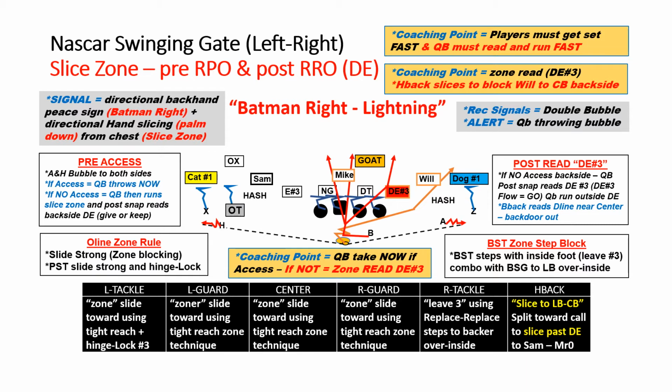So this is Batman right, and the signal there is simply going to take the peace sign and backhand it, and then we'll go ahead and do our normal lightning. We want to run this away from the call, the formation call, knowing because it's a backdoor, we'll come back that way. And then that's the hand slicing across the chest for slice zone.